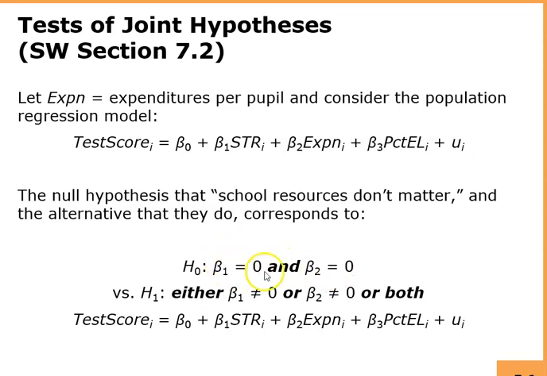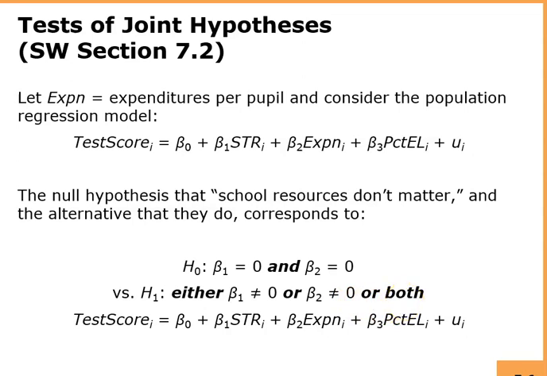Why are we considering both of these coefficients at the same time? It's simply because both student-teacher ratio and expenditure per pupil are indicators of school resources. So our null hypothesis is that school resources don't matter, and on similar lines, our alternative hypothesis becomes that either beta 1 is not equal to 0, or beta 2 is not equal to 0, or both are not equal to 0.